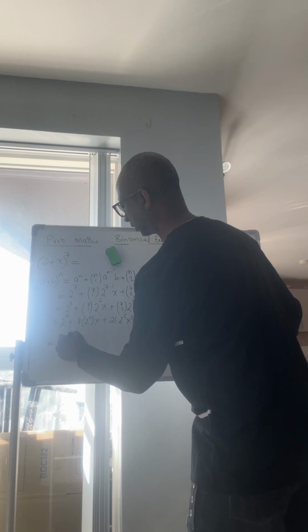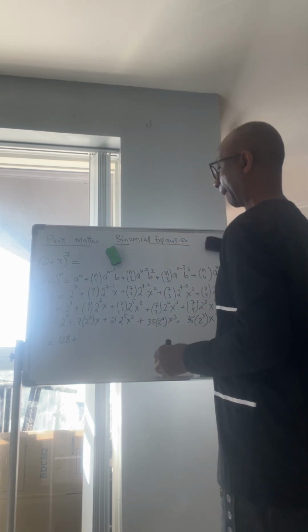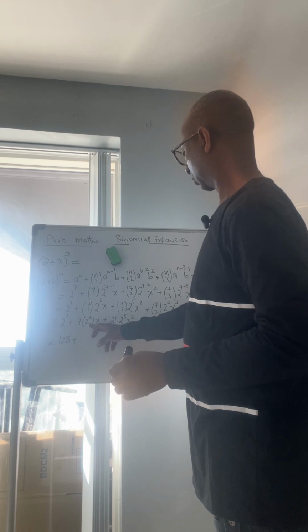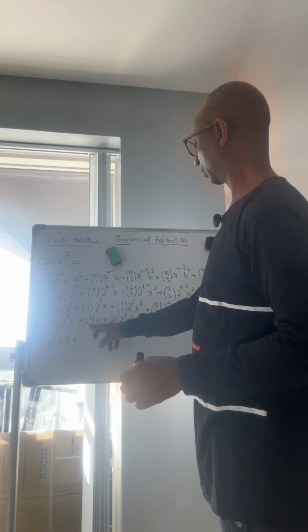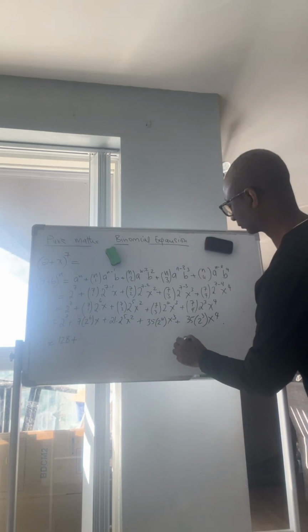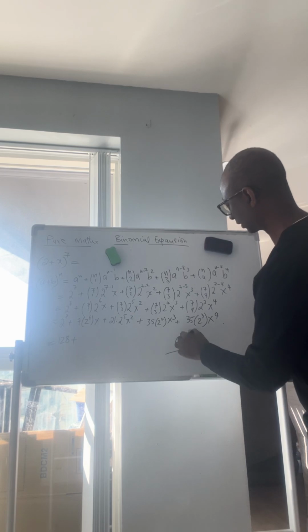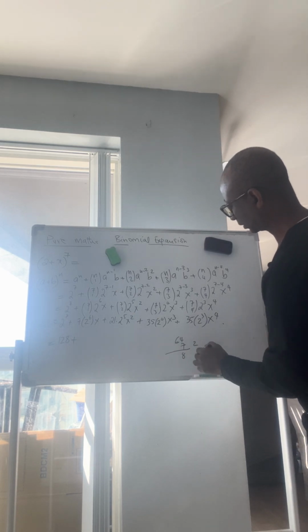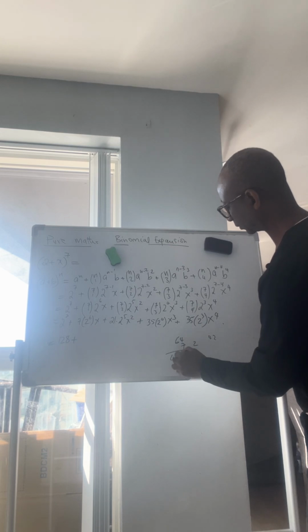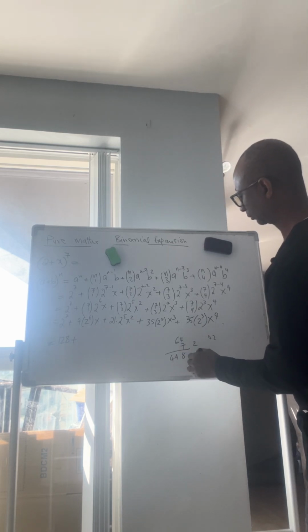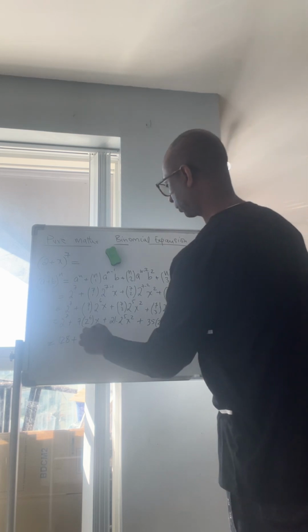So this is 128 plus 64 times 7. 7 times 4 is 28, carry 2. 7 times 6 is 42, plus 2 gives you 44.